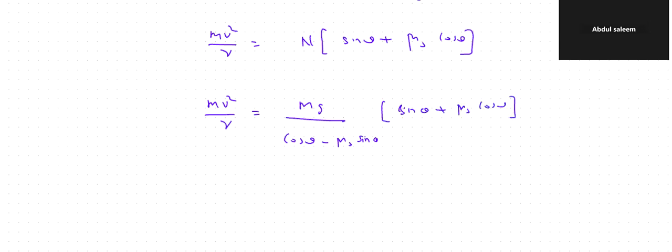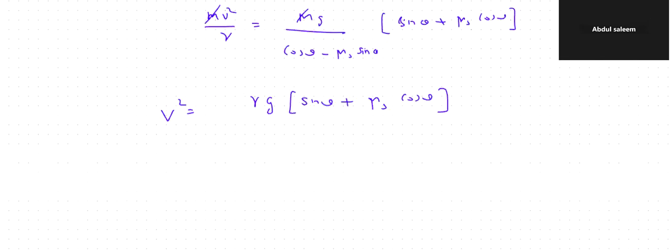So m and m we can cancel. What is v square? Cross multiplying r, v square equal to r g into sin theta plus mu s cos theta, divided by cos theta minus mu s sin theta.